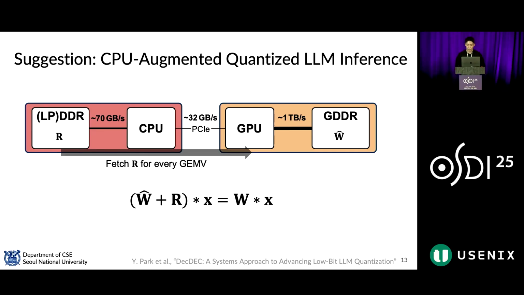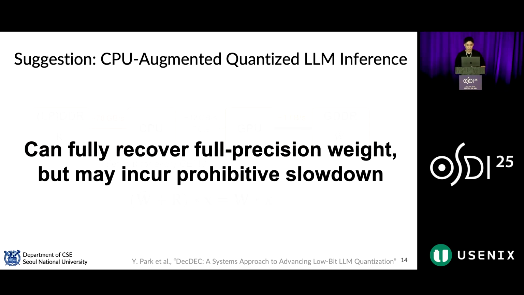In this way, we can achieve the exact same result as running inference with full precision weights, and this is a very simple idea. But of course, this idea doesn't really make sense in practice. The residual matrix is just as large as the original weight matrix, so sending it over the slow PCIe link for every GEMV operation is not feasible. It will be really slow.